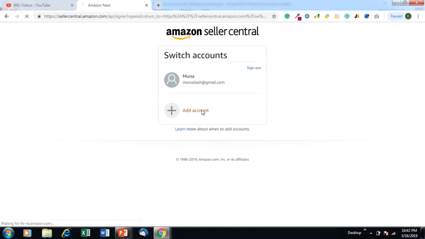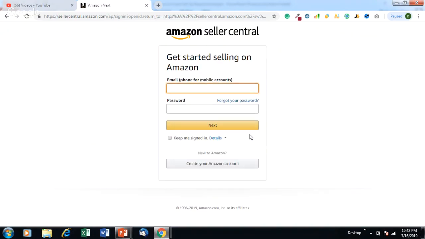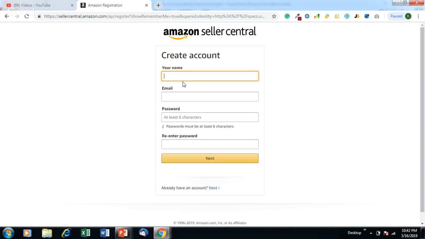Create your account. When you say create account, you fill in your name, your email ID, and the password. You just fill in this basic information, and it will take you to the next step. On the next step, it will ask for your details.